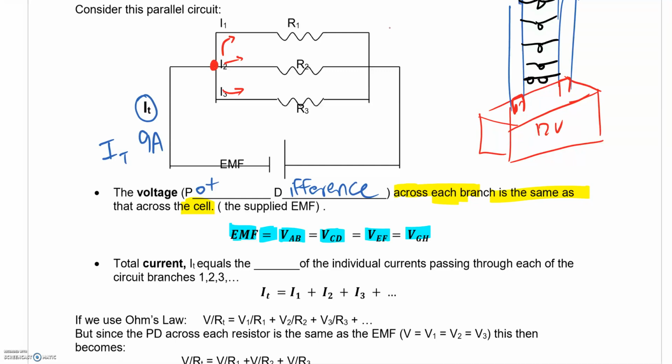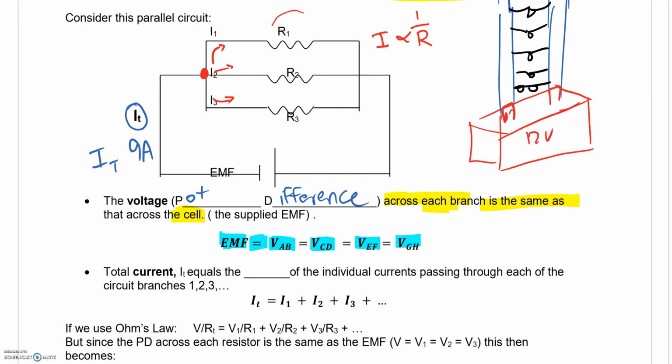The current that goes in each of those branches is going to be inversely proportional to the resistance. But if we make it nice and easy, if R1 is equal to R2 is equal to R3, then the current at that point is just going to break up into 3.